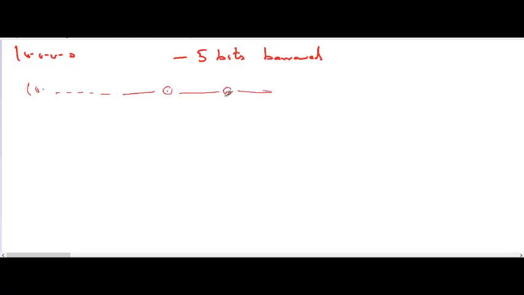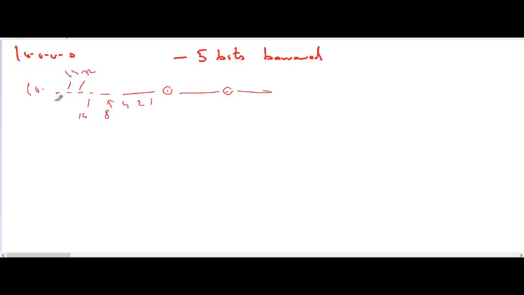Am I right? Yes or no? Right. So we need to increment from here. 10.0.0.0, 10.8.0.0, 10 dot again another 8, so 16.0.0, 10 dot another 8, which will be 10.24.0.0.